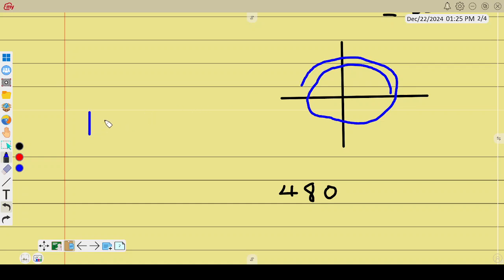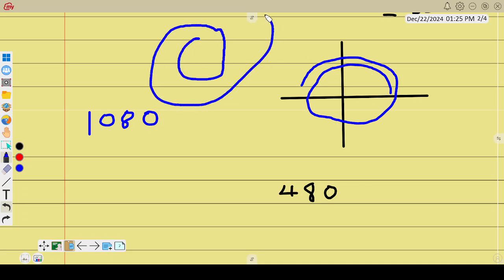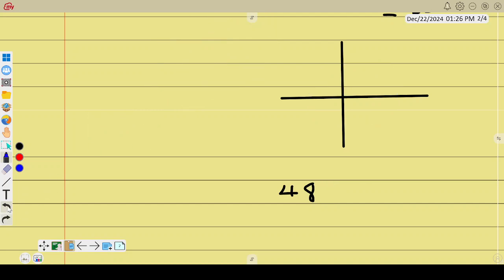So we can be given a funny angle like 1080. It simply means you are going to move 360, another 360. That's what it means. So like here we have 480. We subtract 360, and we're going to get 120.